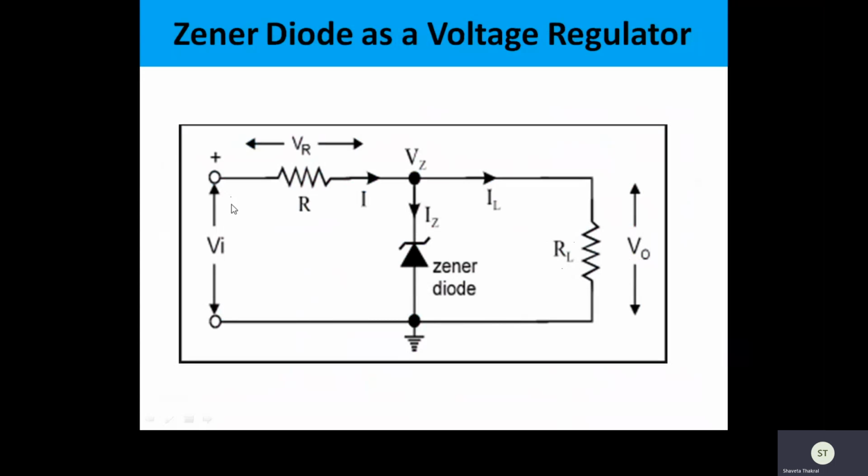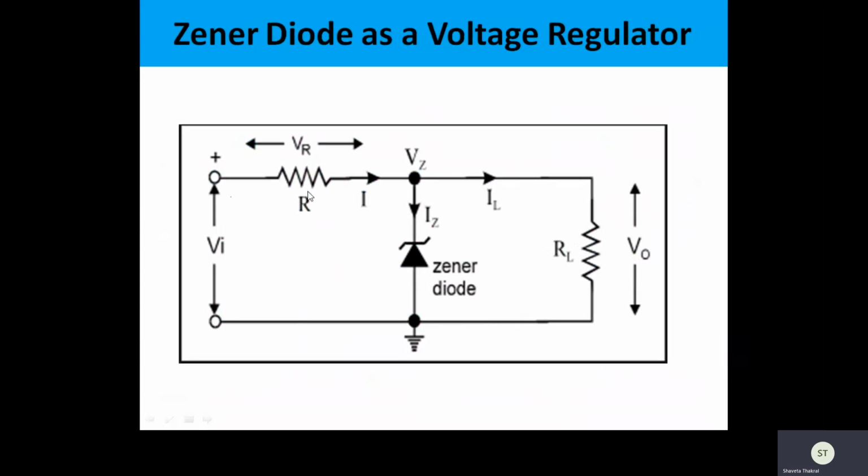At 6 volt or more than 6 volt, there will be breakdown of this Zener diode, and once the Zener diode breaks down, the current shoots up and the voltage becomes constant. So voltage becomes constant across the Zener. The load is connected in parallel here, so the load is also going to maintain the same voltage, because in parallel the voltages remain the same. In this way we can protect the load from the high input voltage.